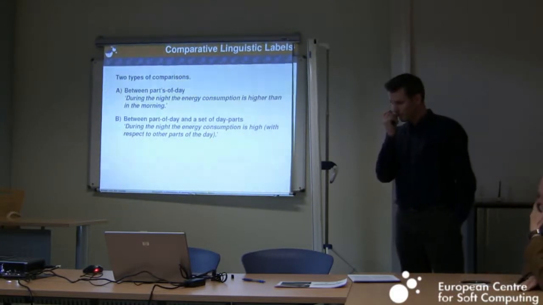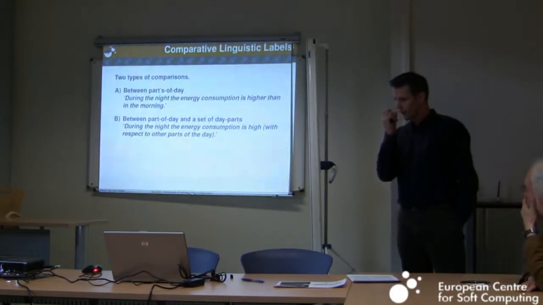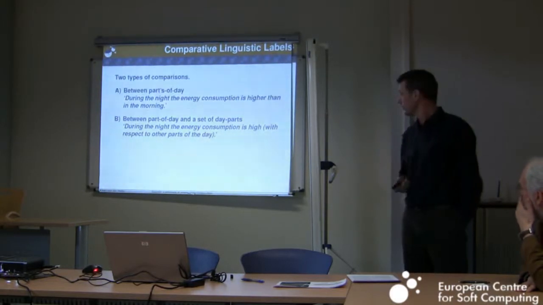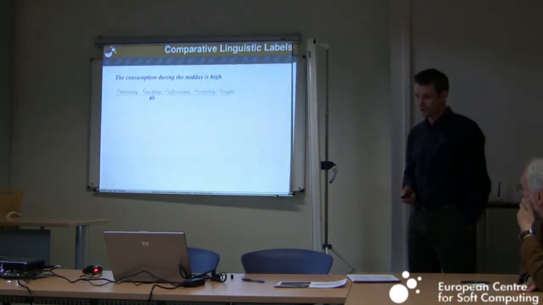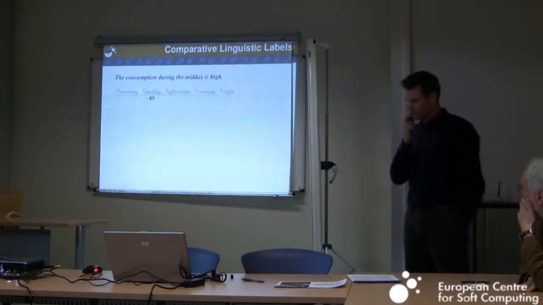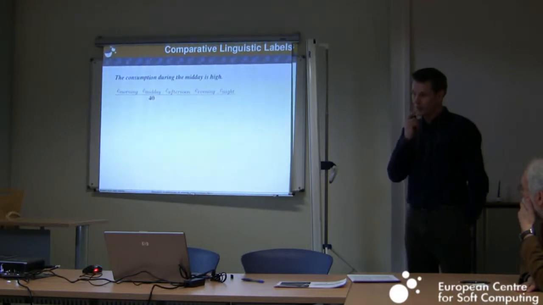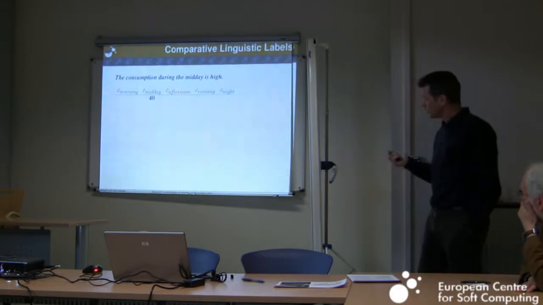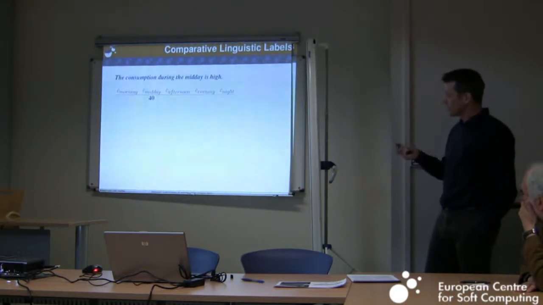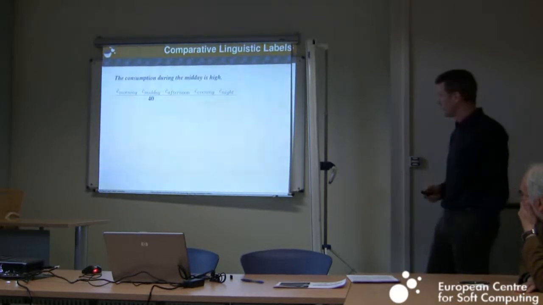Now, how did we set about making functions to model this? Well, a little bit more explanation first. For example, we have the statement, the consumption during the midday is high, and we have these values, and in the midday we have an average consumption of, for example, 40.